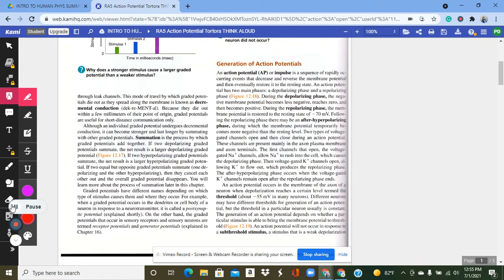Basically, depolarization, or the depolarizing phase, is the movement of the cell's membrane potential to a more positive value. That means the inner membrane becomes less negative. It also increases the membrane potential, and it's something that facilitates the firing of an action potential.